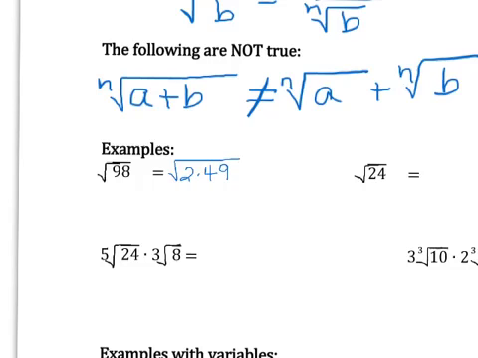The 49 right here is a perfect square, so we can take out the square root of 49. We've got square root of 2 times square root of 49. Square root of 49 is 7, and square root of 2 is the square root of 2.